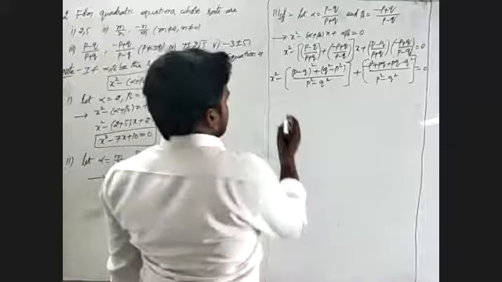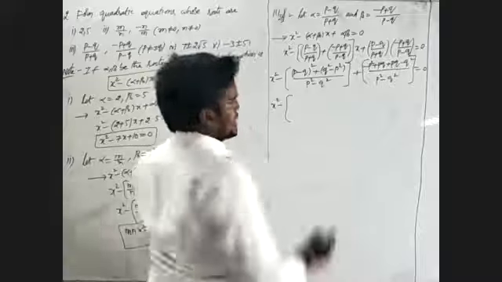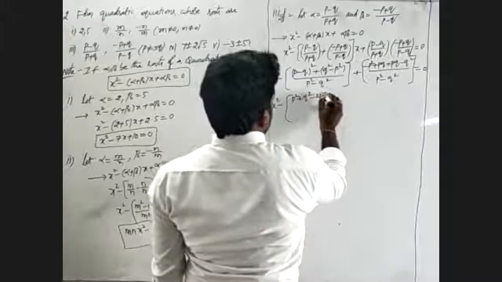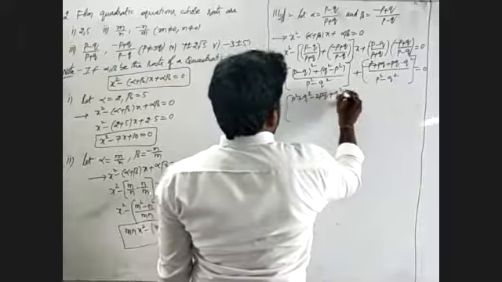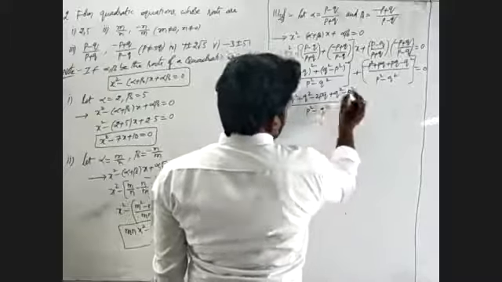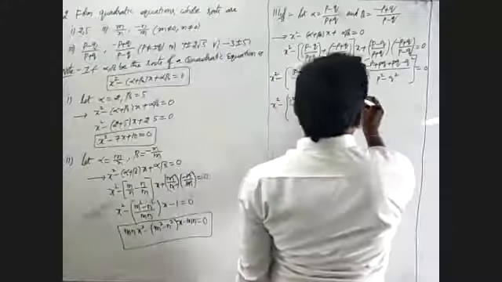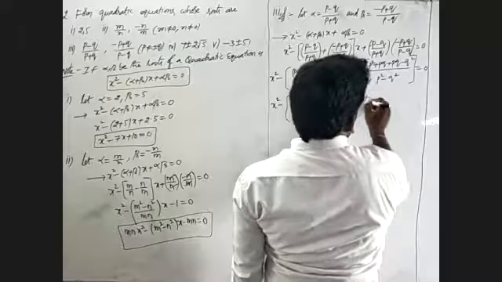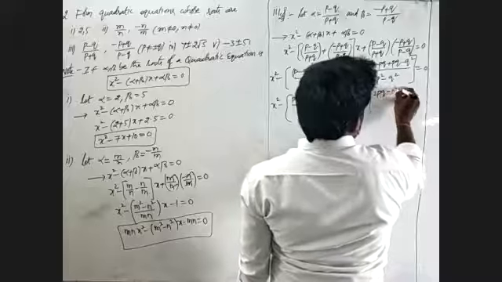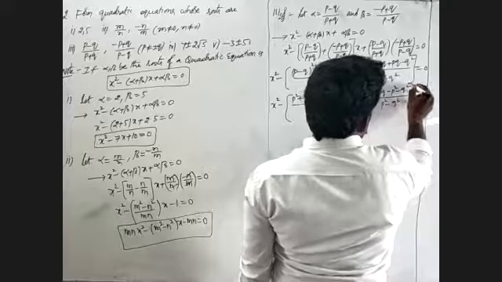That is x square minus, I have to expand this one: p square plus q square minus 2pq plus q square minus p square by the denominator p square minus q square, remaining we have to write into x. Remaining we have to write 2pq minus p square minus q square by p square minus q square is equal to 0.